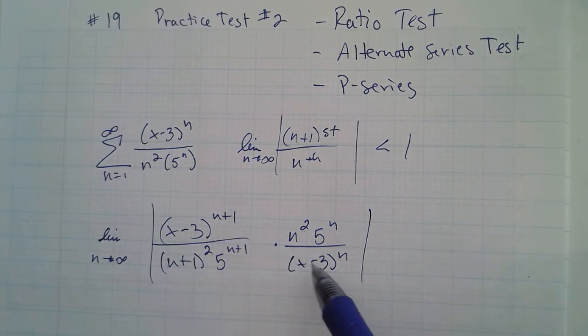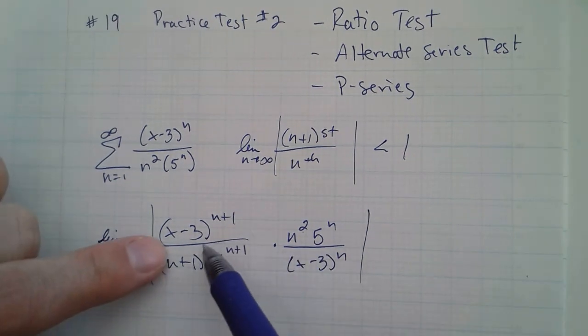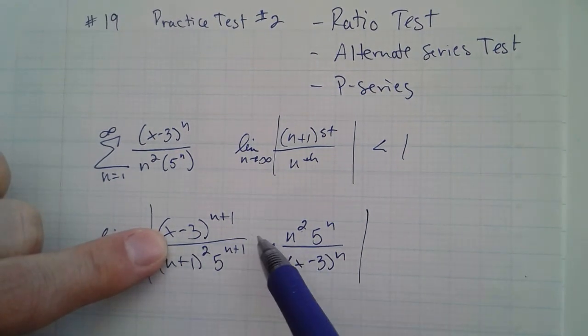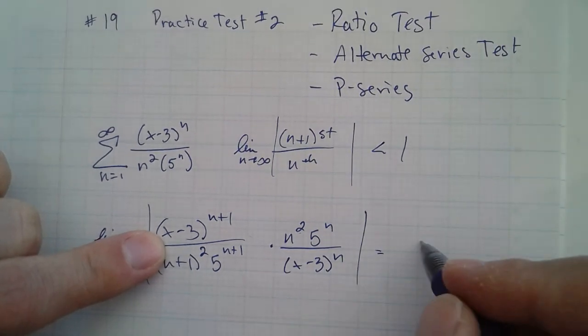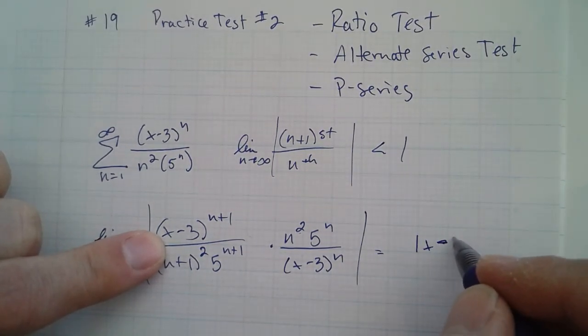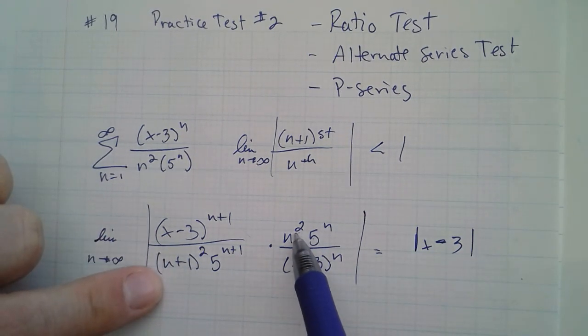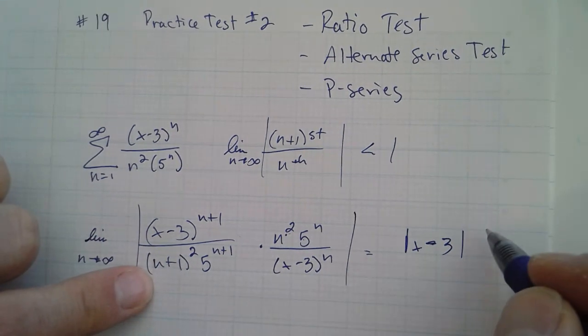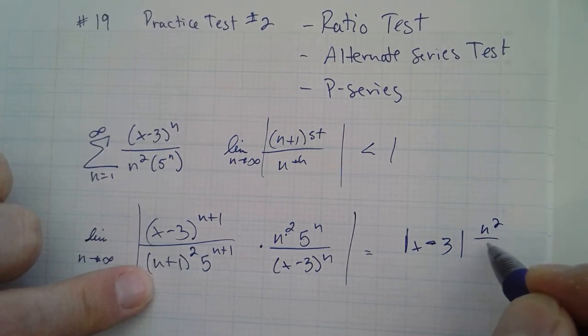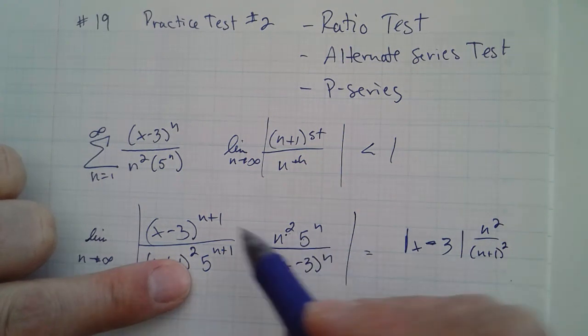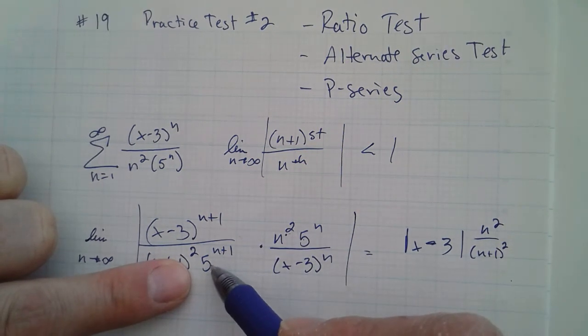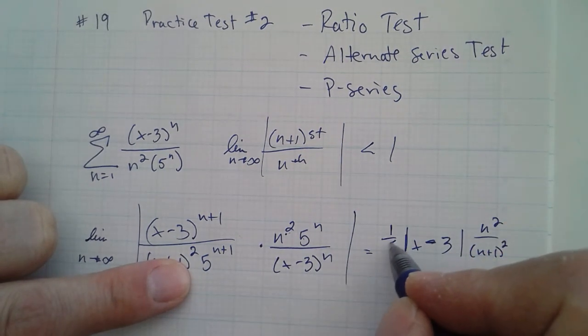So I have one more x minus 3 term on top, in absolute value. And then I've got n squared over (n plus 1) squared, we'll partner those up. And then 5 to the n over 5 to the n plus 1, that's one more 5 in the bottom, so that is a 1/5.